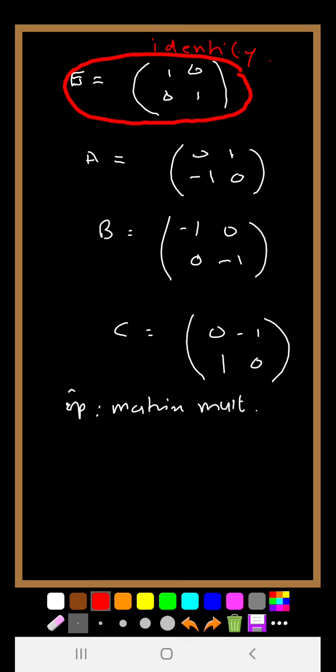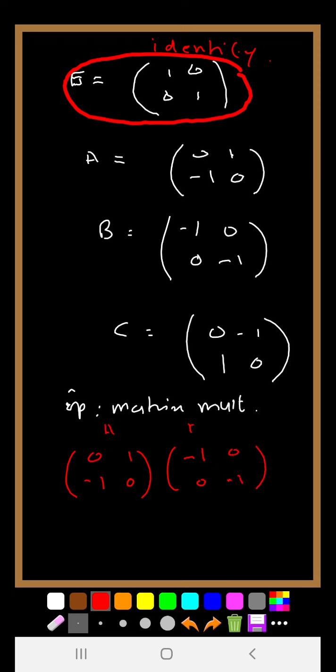Secondly, you have to see whether any 2 elements give you back another element. Let's take A, 0 minus 1 1 0, multiplied by B, minus 1 0 0 minus 1.